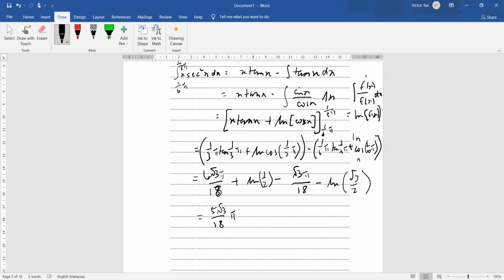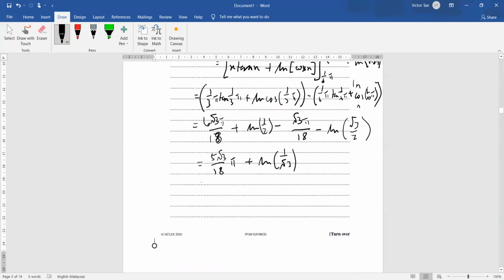So it's ln 1 over root 3. I'm going to simplify the ln. This is ln 3 to the power of minus half. So this will become minus half ln 3. That is the solution. Okay.